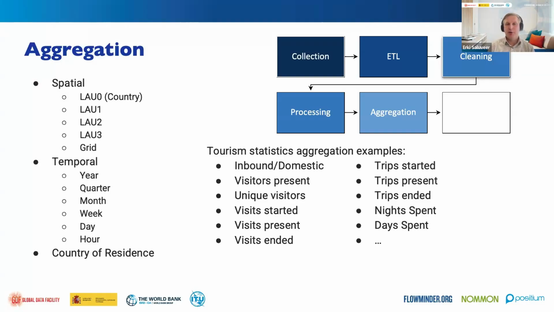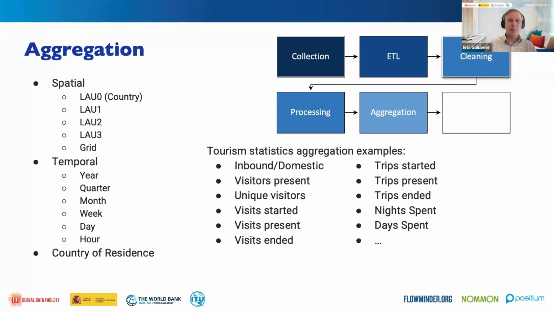But then comes the specifics also into what kind of indicators you want to aggregate the data to. So, for example, when we talk about tourism statistics, then the country of residence is very important to understand. So from where people are from, and then you need to understand also what you want to measure.